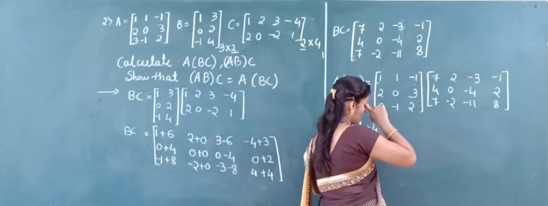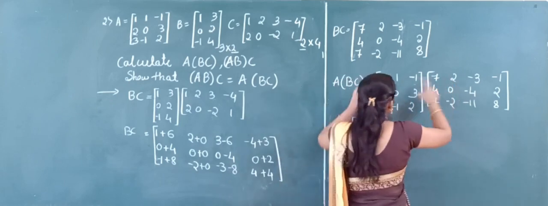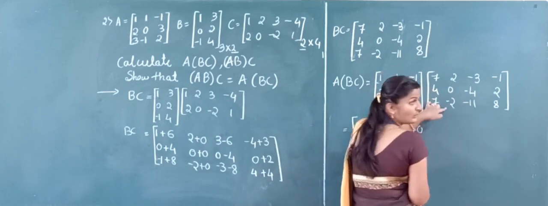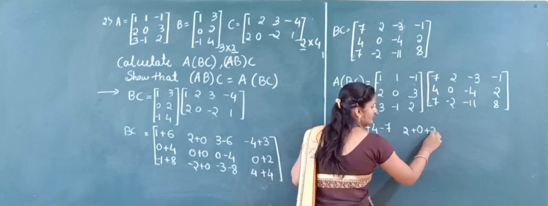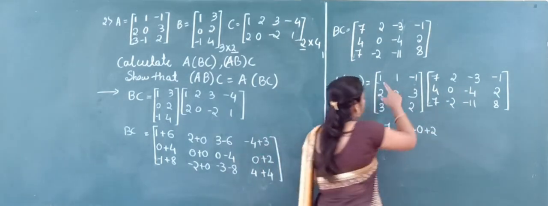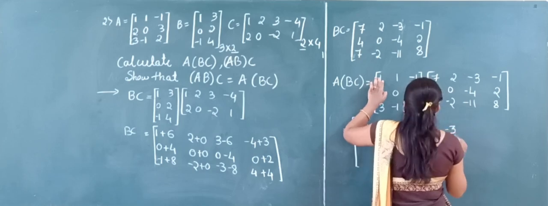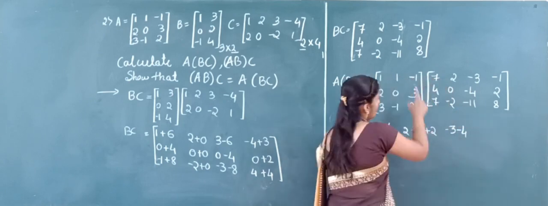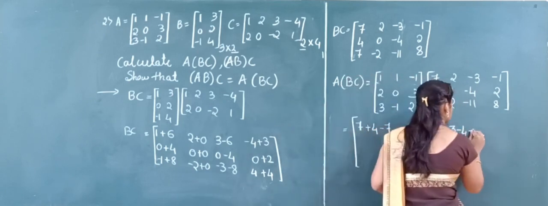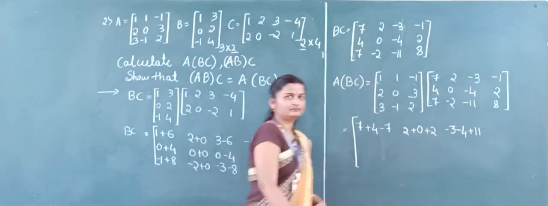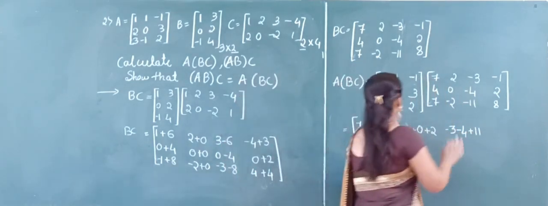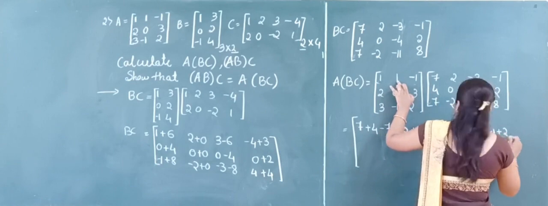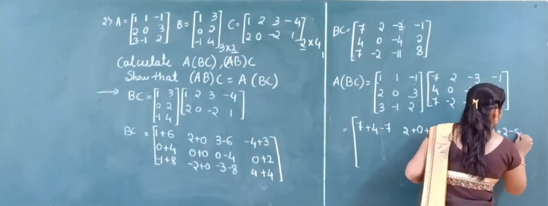One by one neatly: 1 into 2 is 2, 1 into 0 is 0, minus 1 into minus 2 is plus 2. 1 into minus 3 is minus 3, 1 into minus 4 is minus 4, minus 1 into minus 11 is plus 11. Slowly we can solve. 1 into minus 1 is minus 1, 1 into 2 is 2, minus 1 into 8 is minus 8.